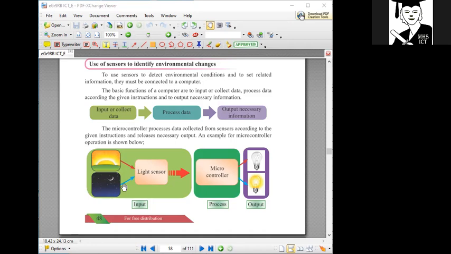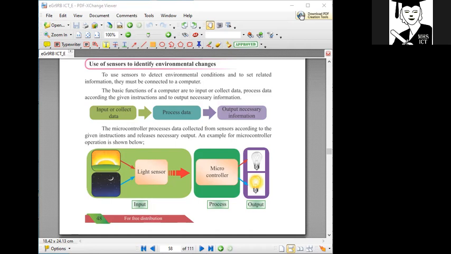If the light sensor gives the input saying it is night, then the microcontroller checks that and gives the output to light the lamp. So this is what the microcontroller does. The basic thing is we give input, the microcontroller processes it, and it gives us the output. That will be the main target of this processor.